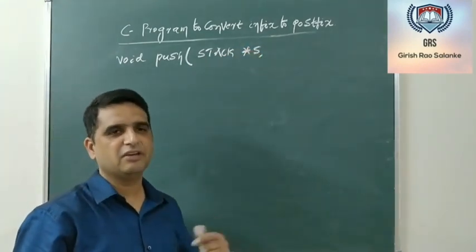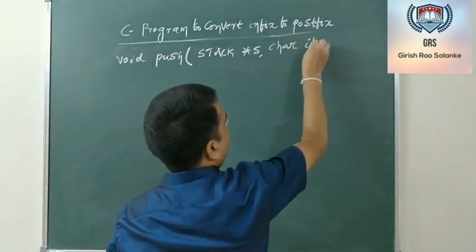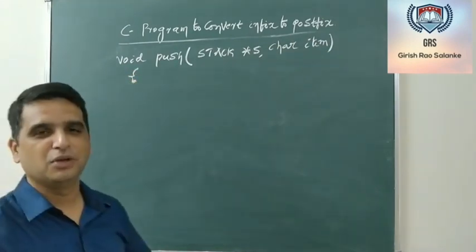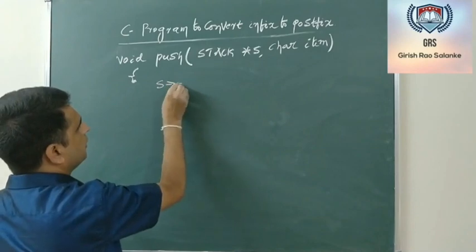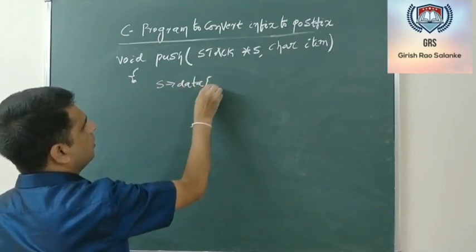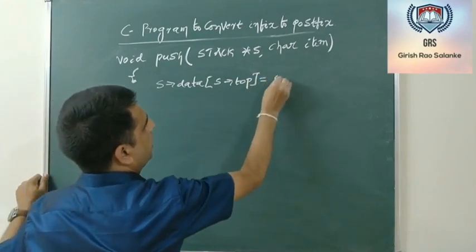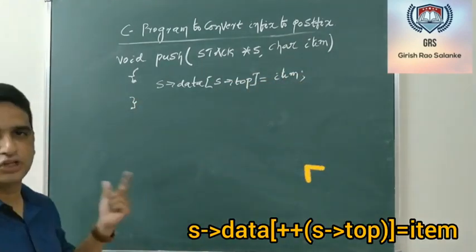Here inside the stack we are pushing characters, so char item. We'll not worry about the overflow condition here. We'll write only one line for push, that is s->data[++s->top] = item. This is with respect to the push operation.